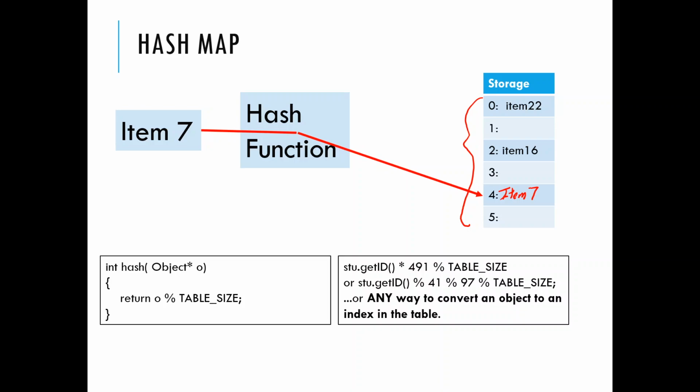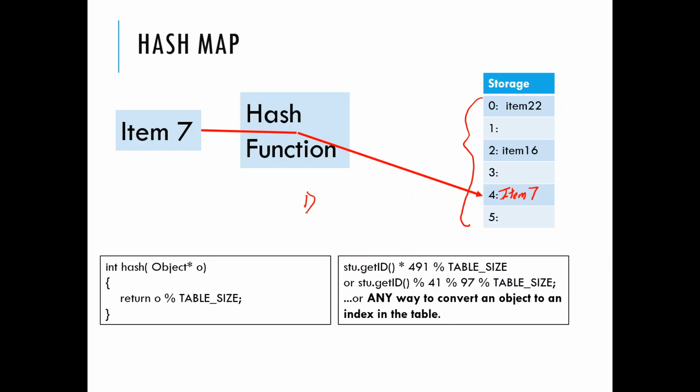If I mod it by some giant prime number, it gives me something. If you give me a big number and then I mod by some other relatively big prime number, it goes somewhere. I don't know what that number is. It's hard to predict. It almost gives me a random position in the table. That's what I want. I don't care where it actually goes. I need to go to the same place each and every time.